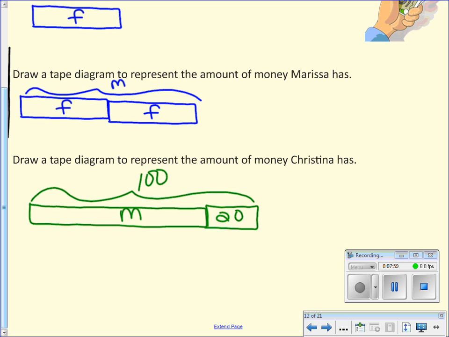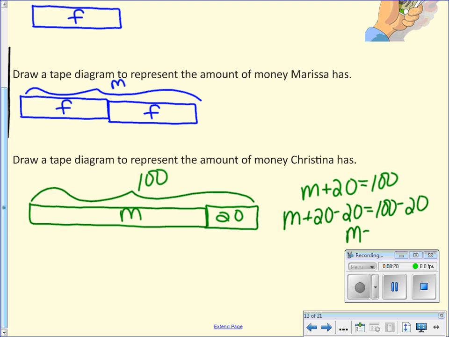Christina has $100. Which one of these can I write an algebraic expression for? The last one. So this would be M plus 20 equals 100. M plus 20 minus 20 equals 100 minus 20. So M equals 80. So we know that Christina has $100. And now we know Marissa has $80.